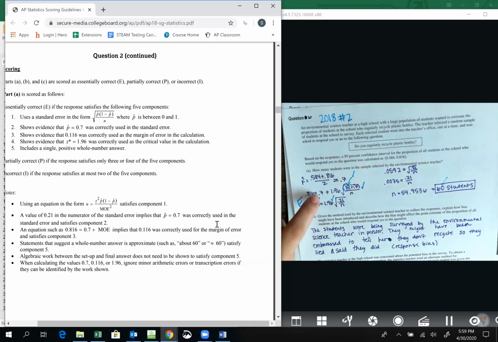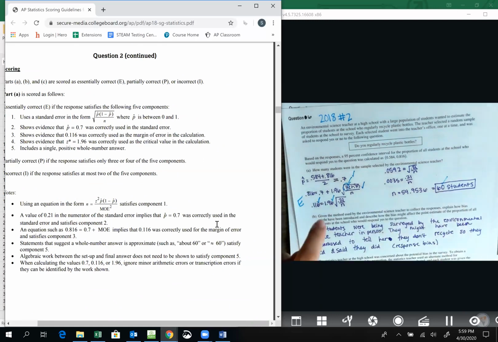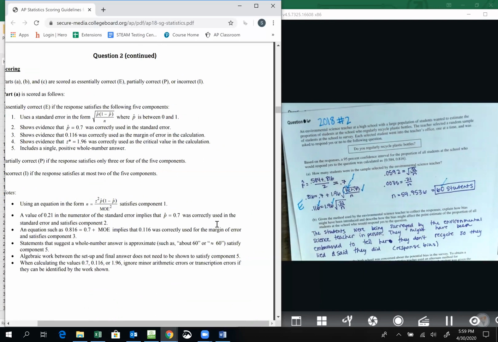So even if I had jumped straight from here to the answer, I would have gotten credit for the 0.116. Statements that suggest a whole number is approximate, such as about 60 or approximately 60, satisfy component 5. Algebraic work between the setup and final answer does not need to be shown to satisfy component 5.